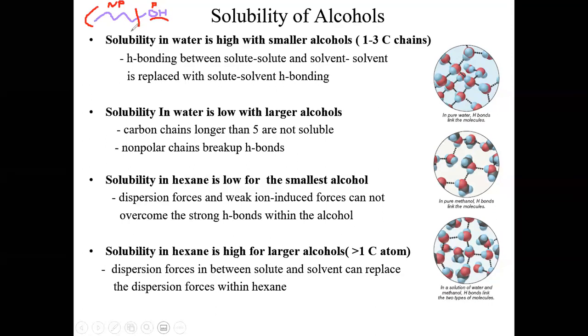Now, as the non-polar component gets bigger, the dispersion forces between the non-polar component get stronger than the forces between the hydrogen bond. So with alcohols that are 1 to 3 carbon chains, when you put them in water, the hydrogen bonding between the solute and the solvent, so the interactions between the methanol itself and the water itself are replaced by the methanol water interaction.